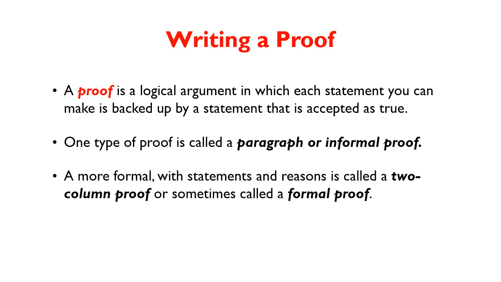A more formal one with statements and reasons is called a two-column proof, or sometimes a formal proof. This kind of proof, the two-column proof, will be used in this discussion. Now, let's have the next slide.